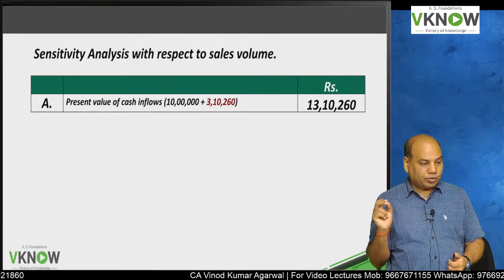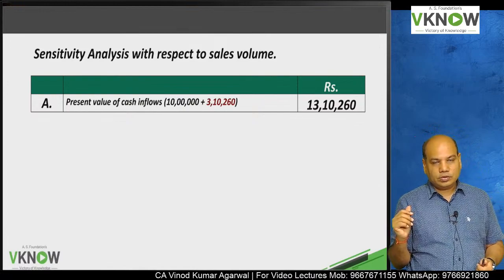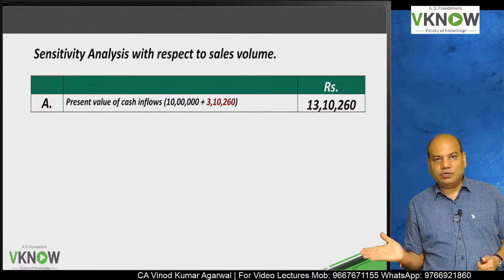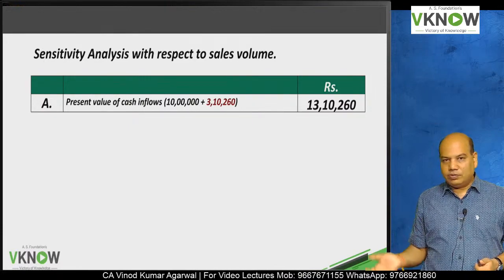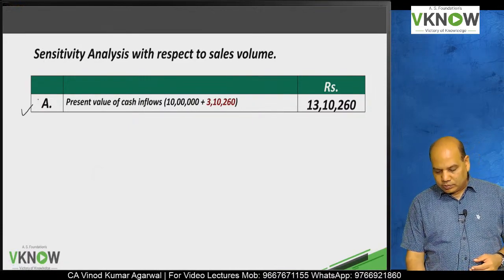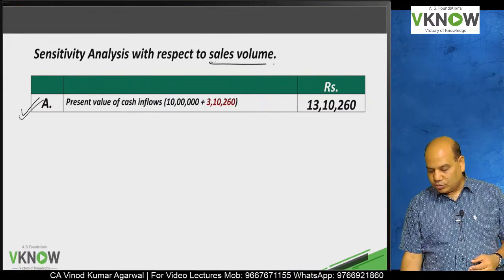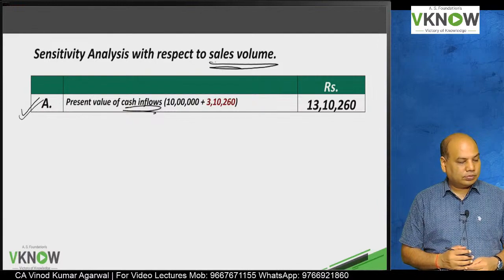NPV I have already computed. Present value of cash inflow will be NPV plus initial investment. Am I right? NPV plus initial investment, because my sales volume is going to affect my cash inflow.